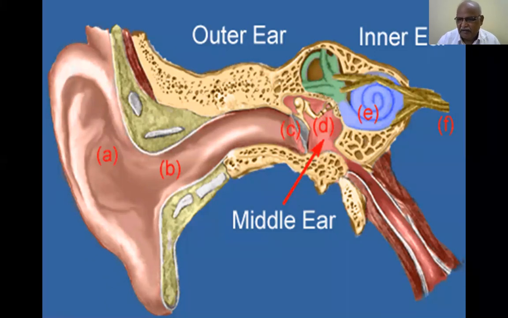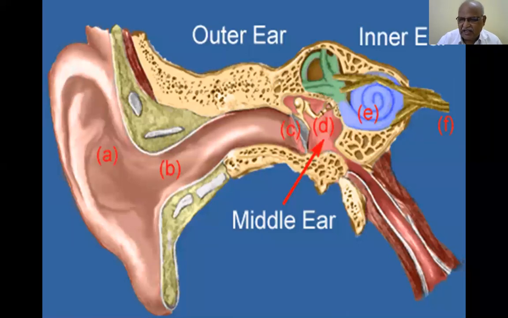The diagram is given in your textbook like this only: anteriorly the cochlea, the middle part the vestibule, and posteriorly the semicircular canals, in your standard textbooks.